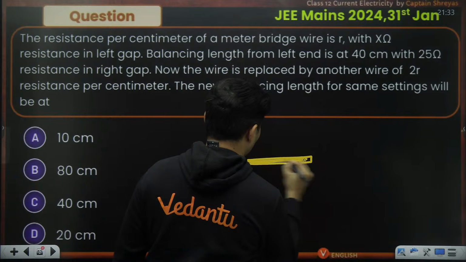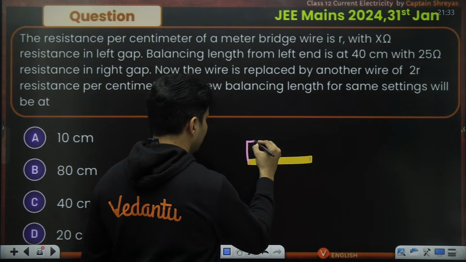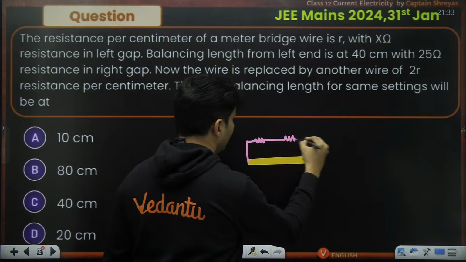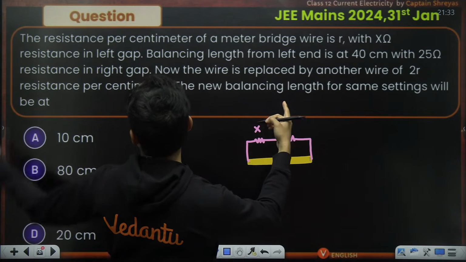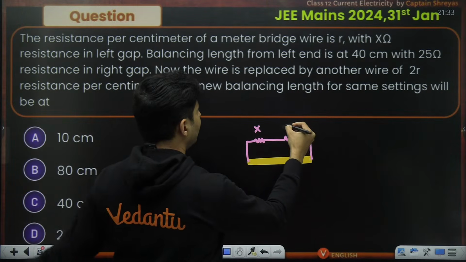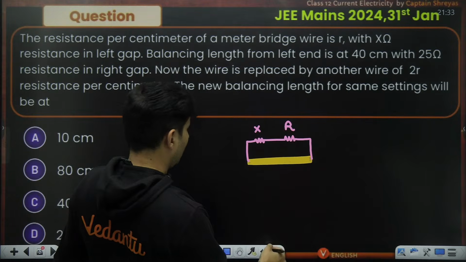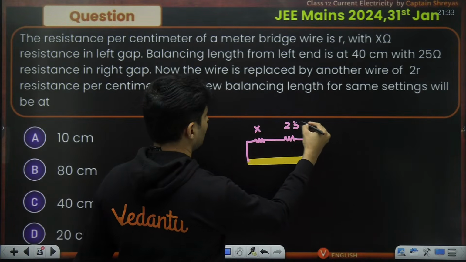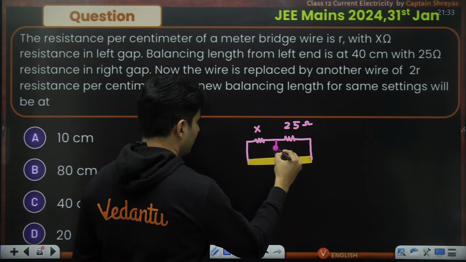So this is our wire, a highly resistive wire, and this is the unknown, this is the known. This is X in the left gap, and on the right side is 25 ohms, and this is the galvanometer.